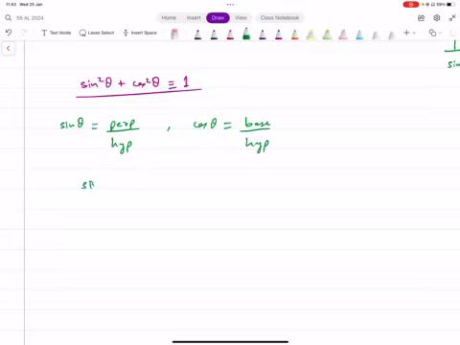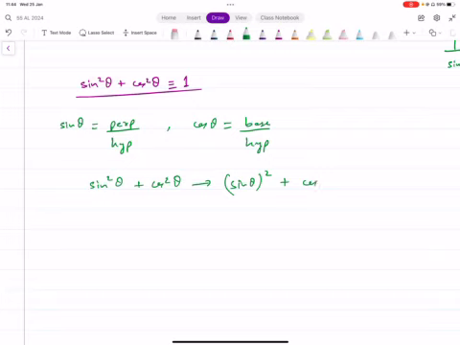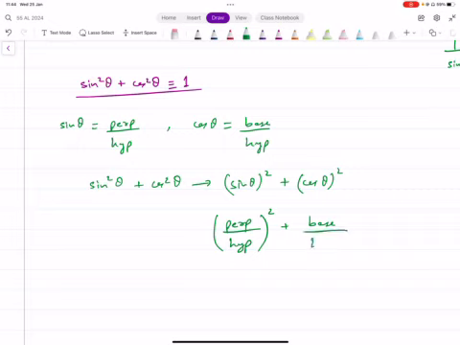Let me write it like this first: sine square theta plus cos square theta means sine theta whole square plus cos theta whole square. What's sine theta? Perpendicular over hypotenuse, and you square this whole thing. And base over hypotenuse, and you square this thing as well.